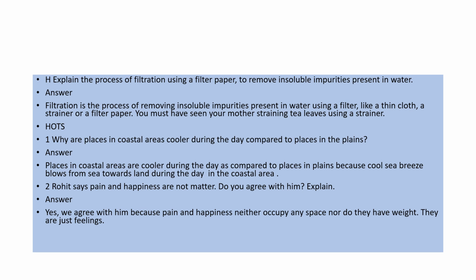Filtration is the process of removing insoluble impurities present in water using a filter like a thin cloth, a strainer, or a filter paper. You must have seen your mother straining tea leaves using a strainer.